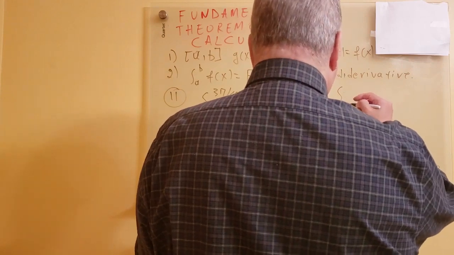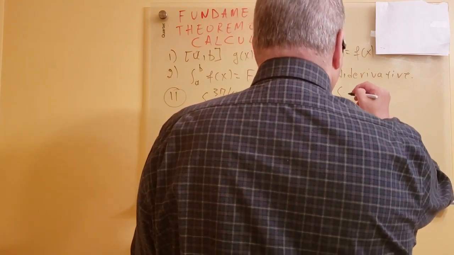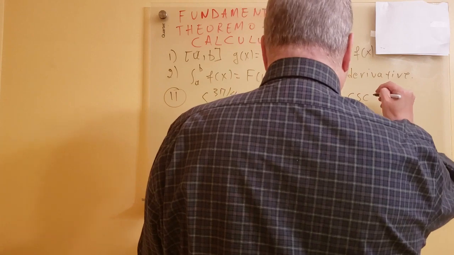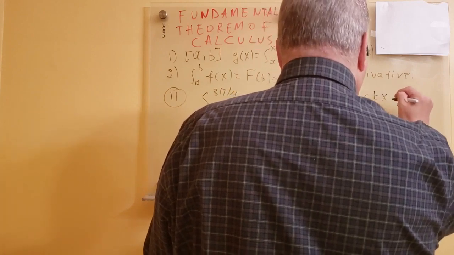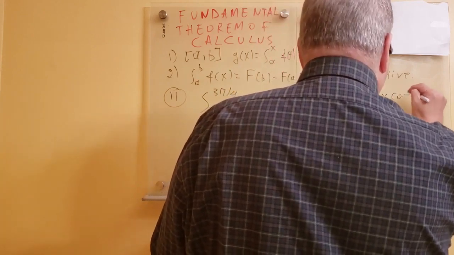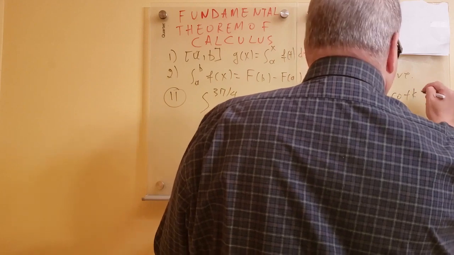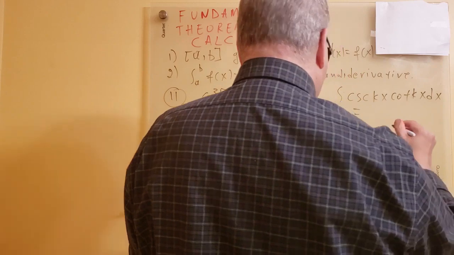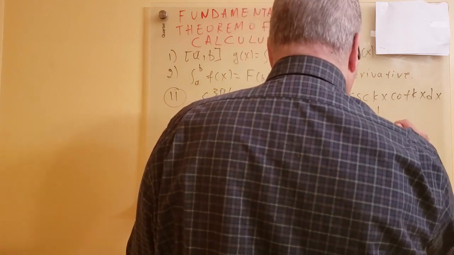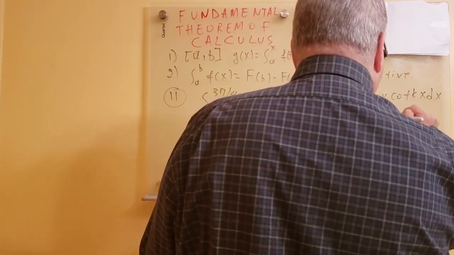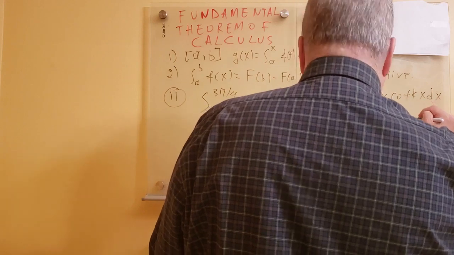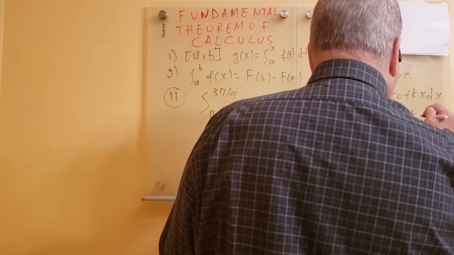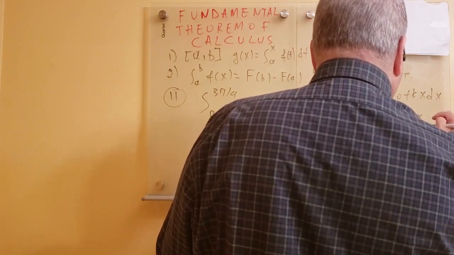We know that the antiderivative of cosecant kx times cotangent kx with respect to x is equal to minus 1 over k cosecant kx plus c.